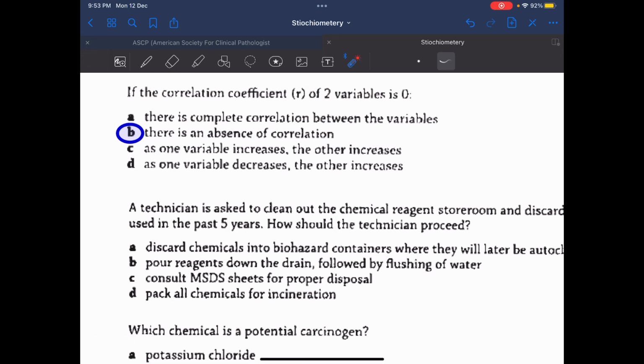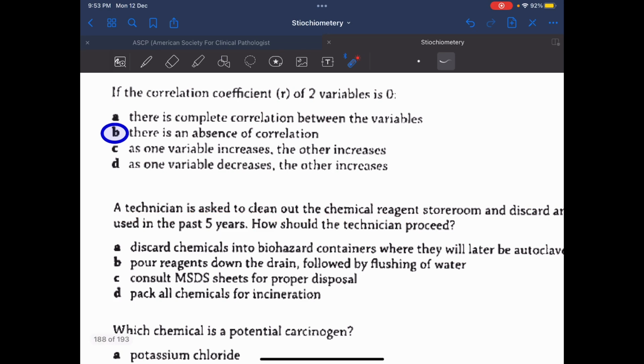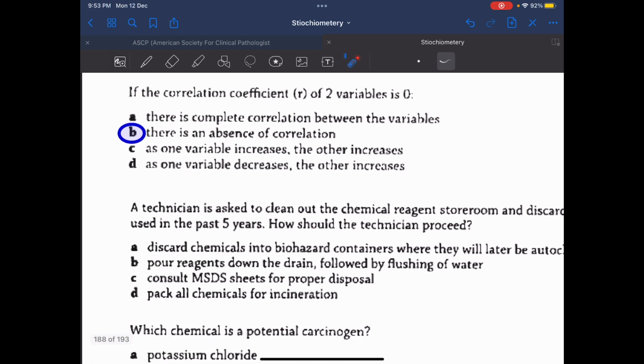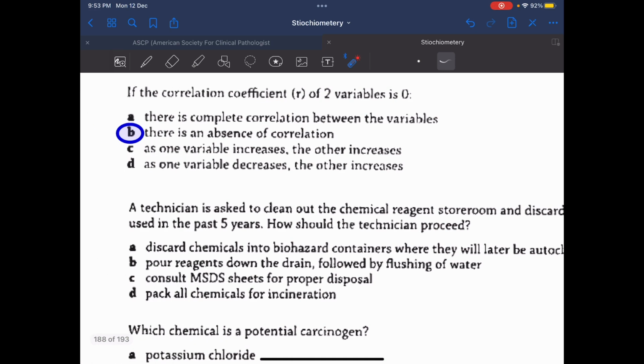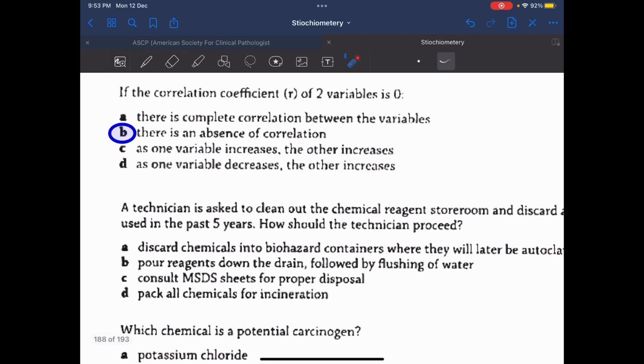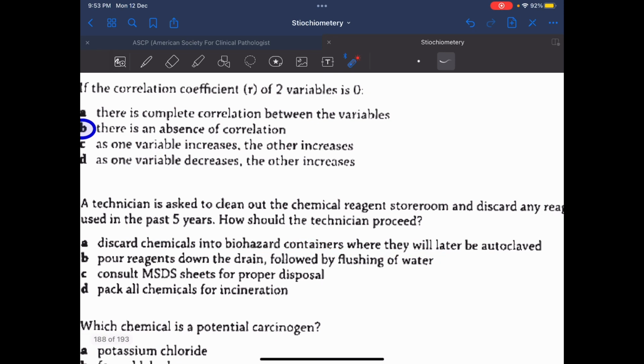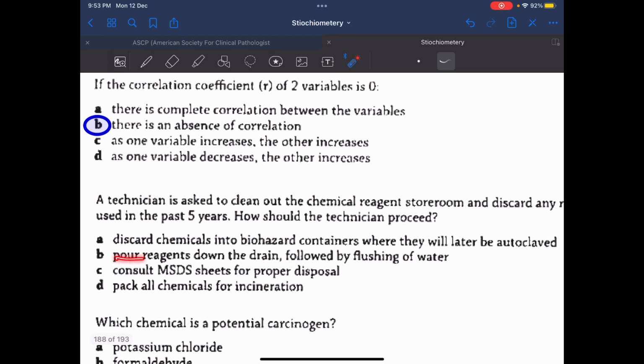A technician is asked to clean out a chemical reagent storeroom and discard any reagent not used in the past 5 years. How should the technician proceed? Discard the chemicals into biohazard containers where they will later be autoclaved. Pour reagent down the drain followed by flushing of water. Consult MSDS sheet for proper disposal.